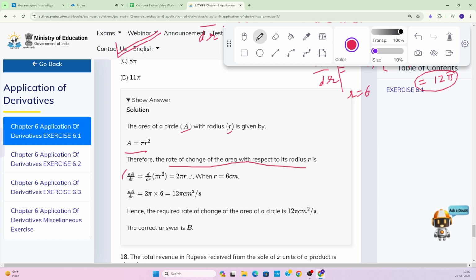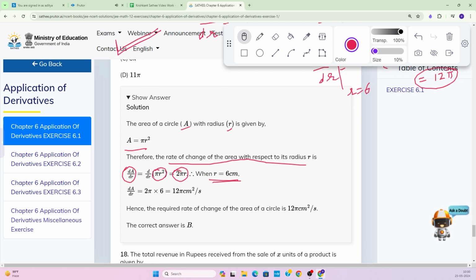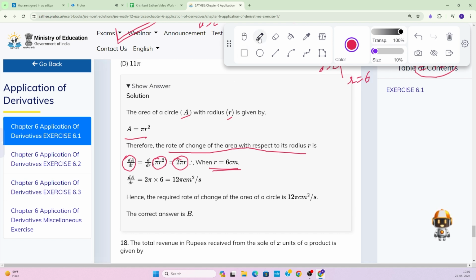This means dA by dr you have to find. This means the derivative with respect to r of the pi r square expression, which equals 2 pi r. Now you have to evaluate it when r is 6 centimeters. So dA by dr will be 2 pi multiplied with 6. It will give you 12 pi.